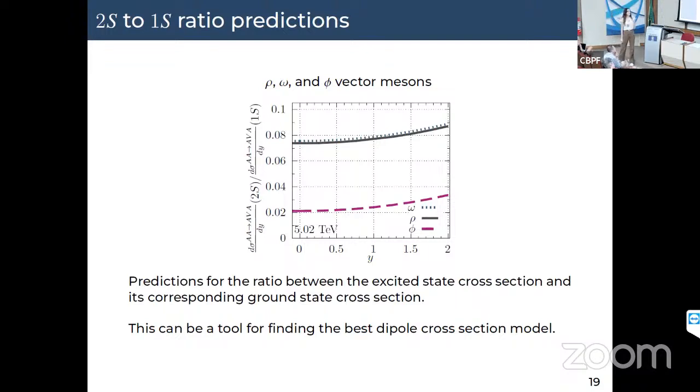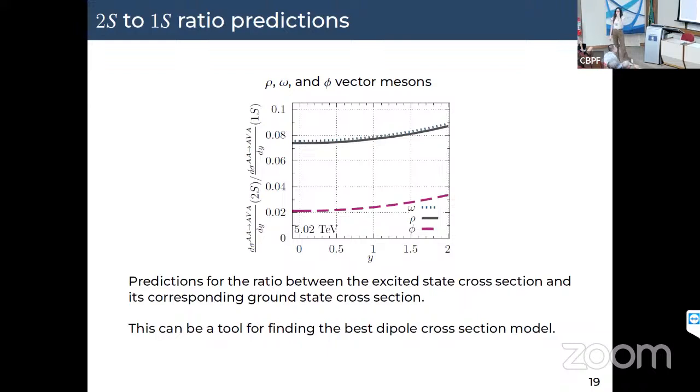So if we get these measurements, we could see which is the best dipole model to describe this kind of data, which is a very difficult issue in our research, because there are a lot of models and we haven't found one that could describe a lot of processes at the same time.